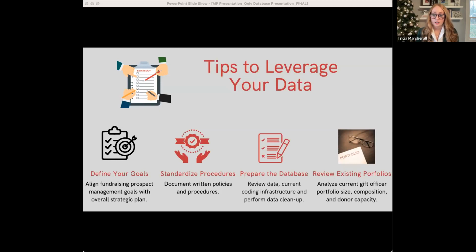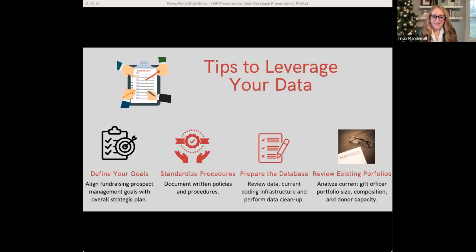And how are you aligning your goals to account for the busy season and the slow season, respectively? So making sure that you're looking at that overall strategic plan and digging into how you can define what those goals are in order to achieve some of those metrics.